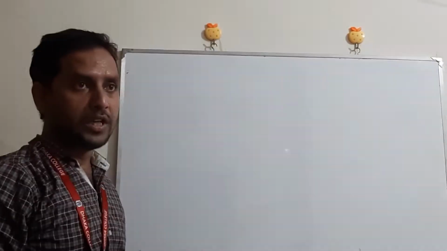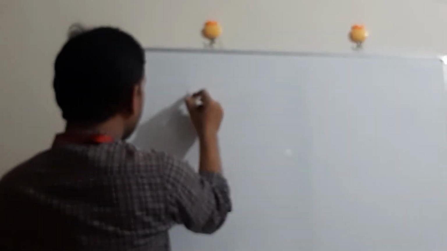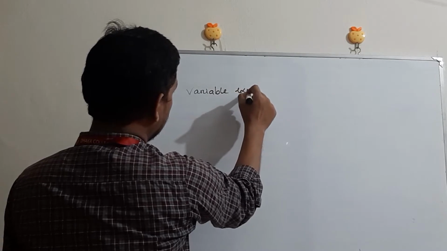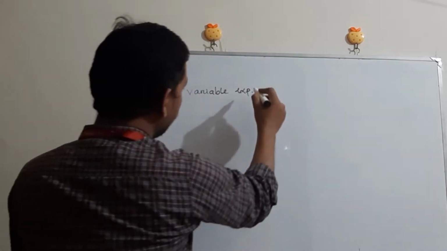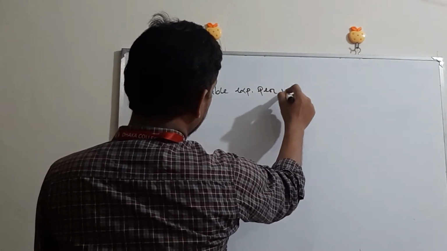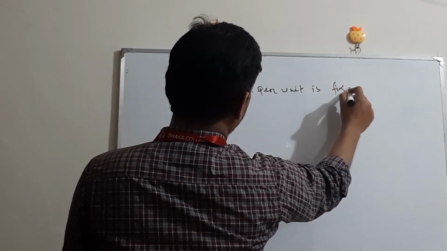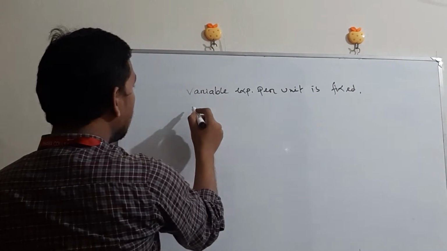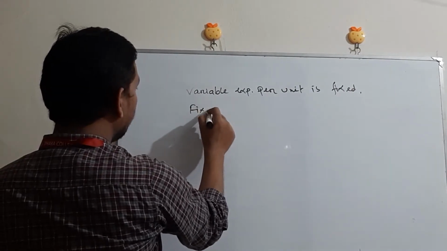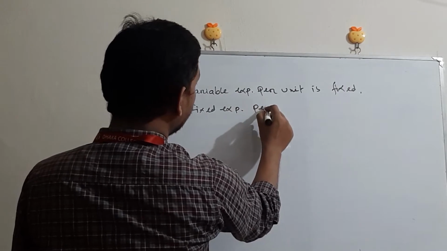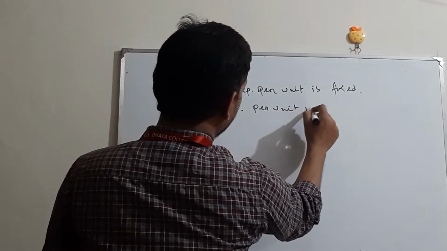I think you know that variable expense per unit is fixed, and then fixed expense per unit is variable.